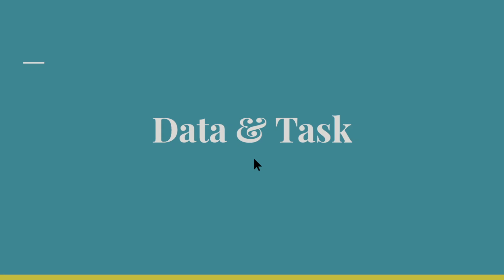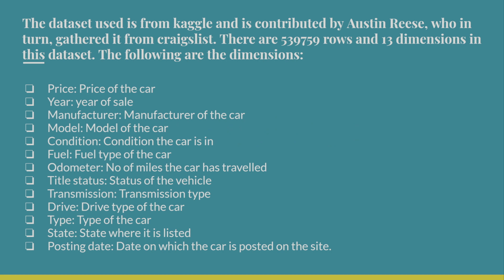So the data set we used is from Kaggle, and we got it from the author Austin Reese, who gathered it from Craigslist. Craigslist sells a lot of used cars. So there are a lot of rows, over 500,000 rows, and we took 13 dimensions of this data set.